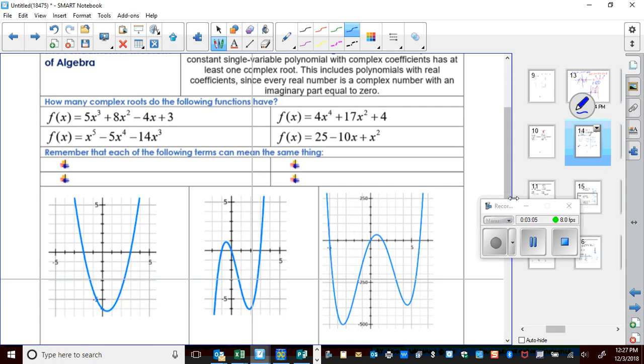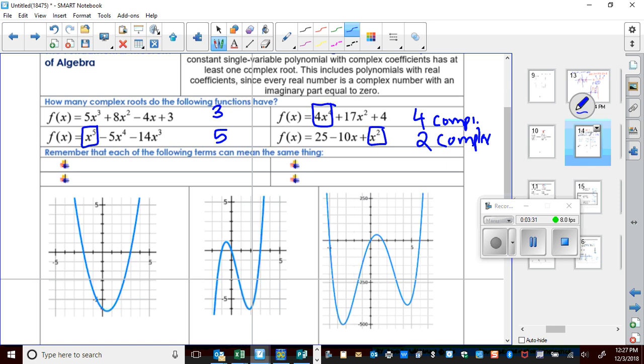So how many complex roots does the following have? It has 3. How many complex roots does this equation have? Look at the highest degree. It has 5 complex roots. Look at the highest degree for my third one, and we have 4 complex roots. It's just the total number of roots, the degree of the polynomial, 2 complex roots.